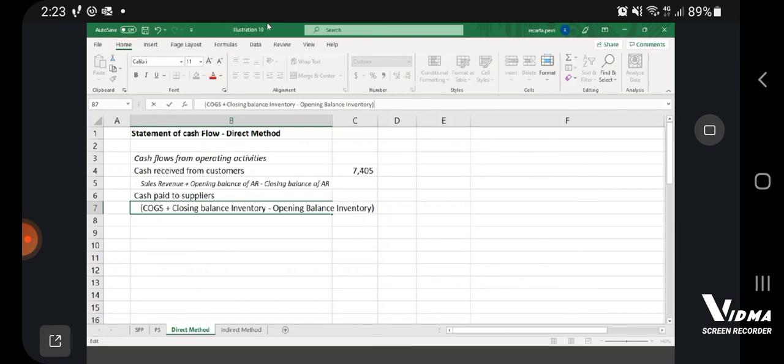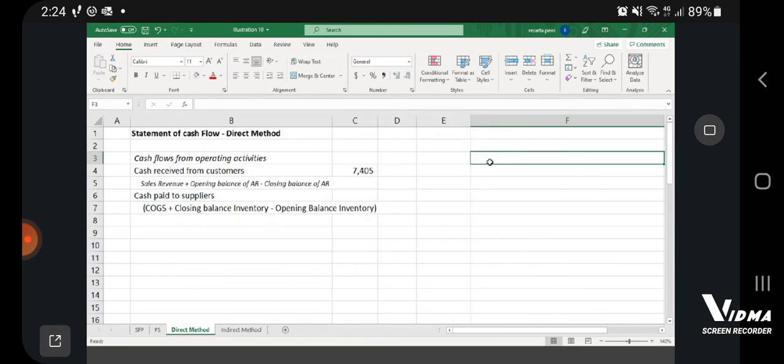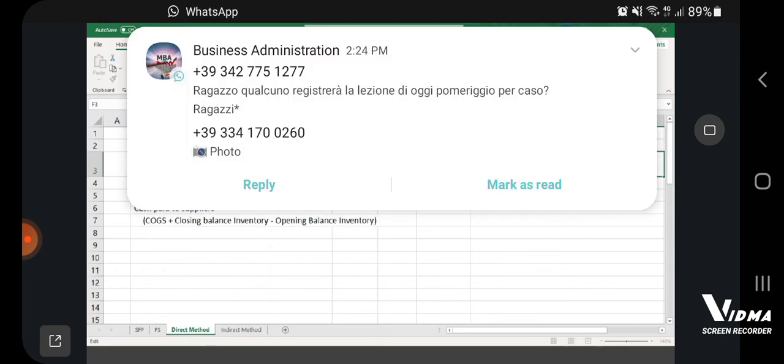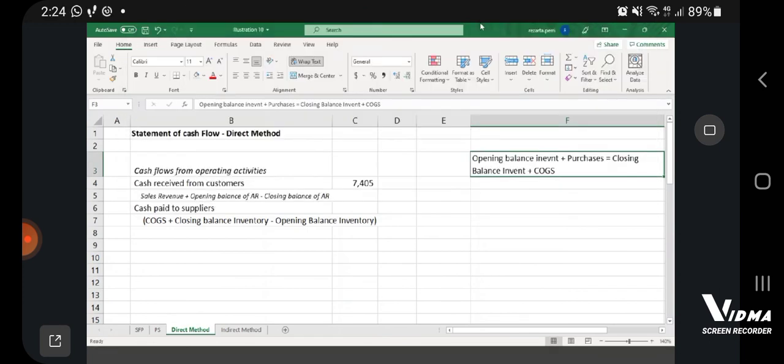Do not write anything because this is not necessary. Remember the inventory equation. It's a basic equation in accounting. And this inventory equation says that opening balance of inventory plus purchases is equal to closing balance of inventory plus cost of goods sold. Now, this equation is what we are using here to calculate the purchases.